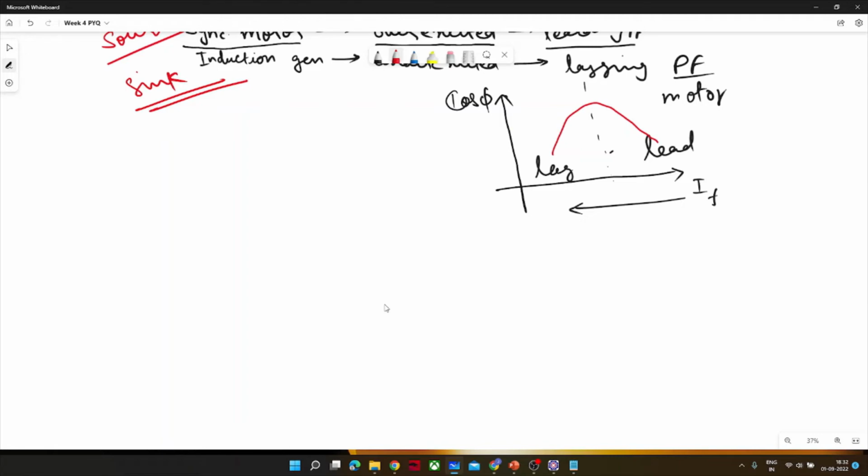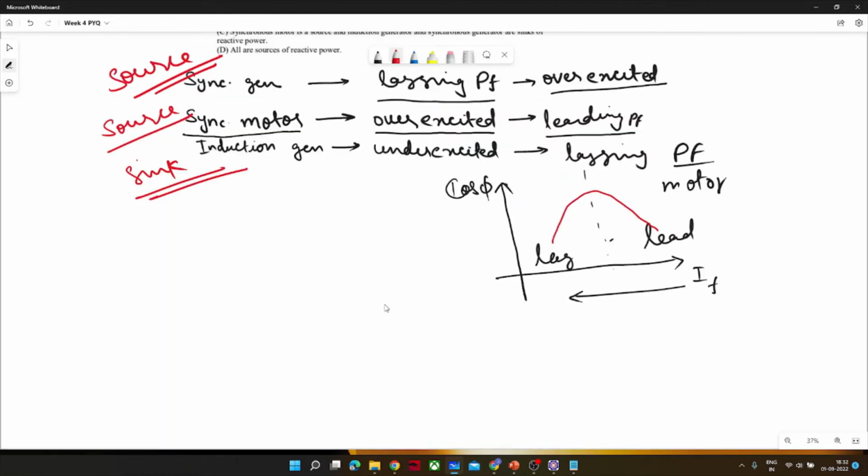No, it will work as underexcited. I showed you: if the armature delivers reactive power, then it will work as underexcited for a motor. If a motor is working at lagging power factor, it means it has less reactive power than it requires to operate at unity power factor.